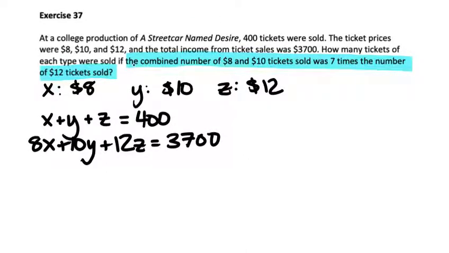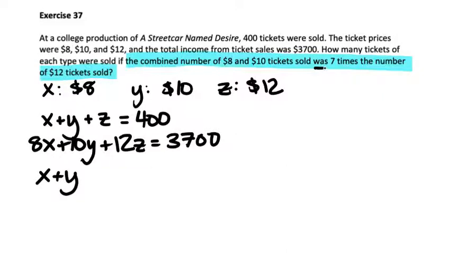The combined number of $8 and $10 tickets sold, that's going to be x plus y. Combining them just means that I'm adding the two numbers together. Was 7 times the number of $12 tickets sold.